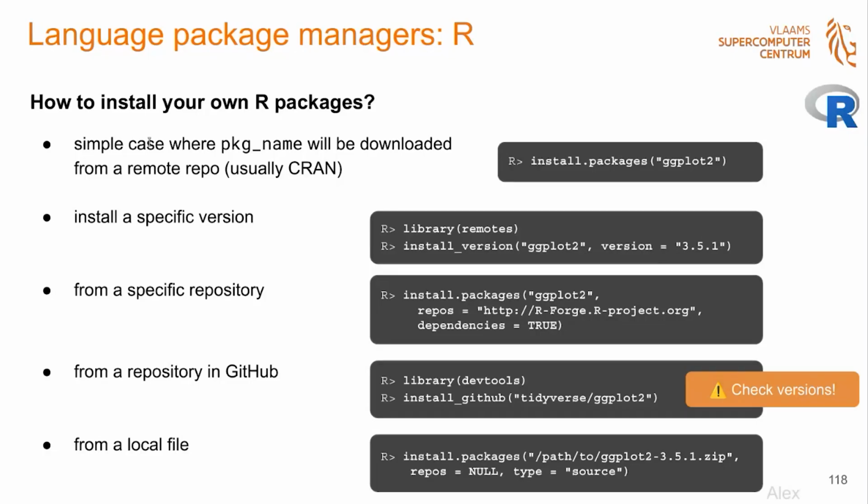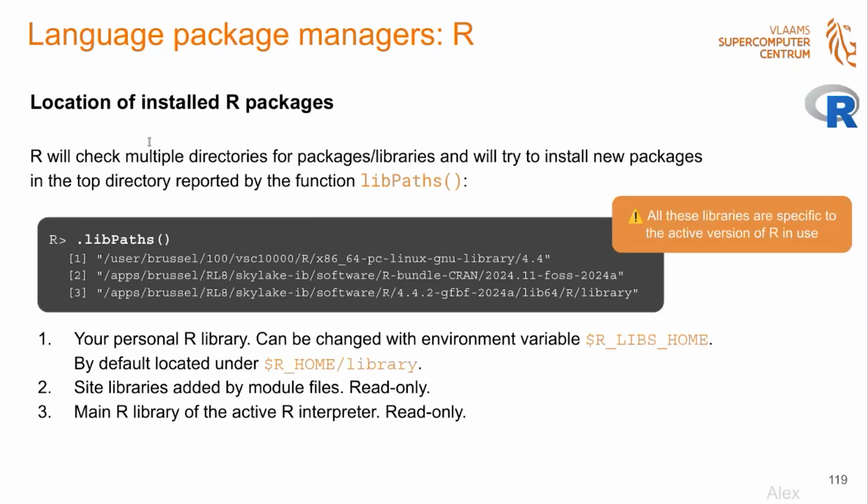You can download the source code of your package as a tarball or a zip file, and install that with the command install.packages, as shown at the bottom of the slide. And all that works, but the outcome is a bit unreliable. And that's because R will install those packages by default in what is called your user library.